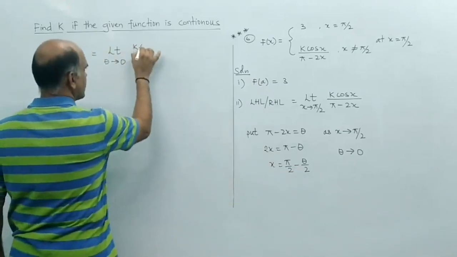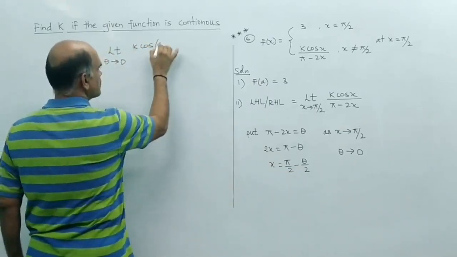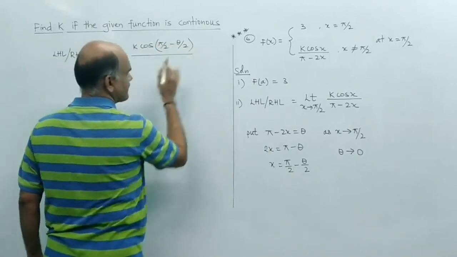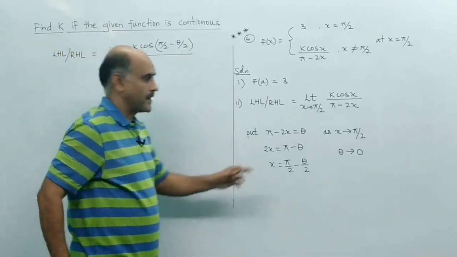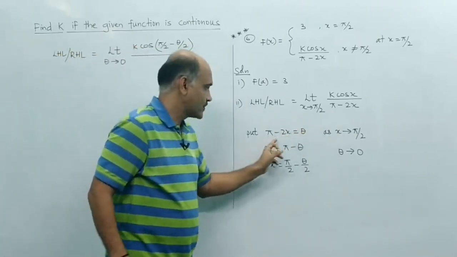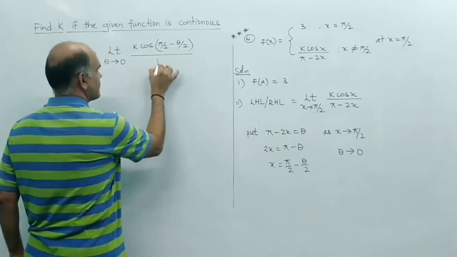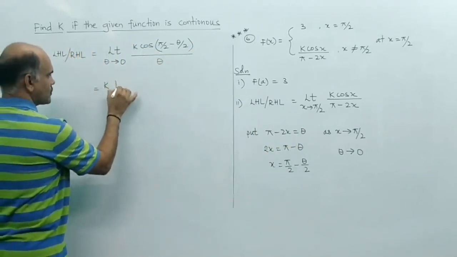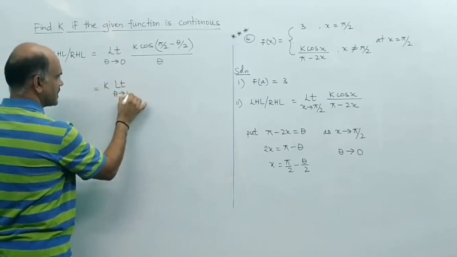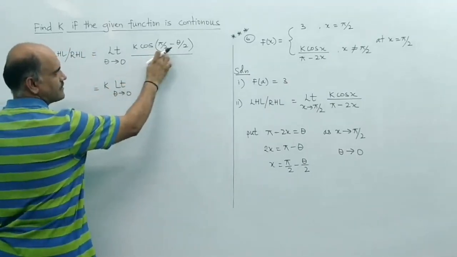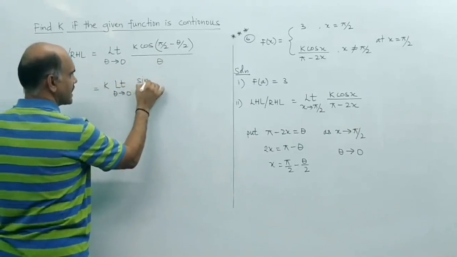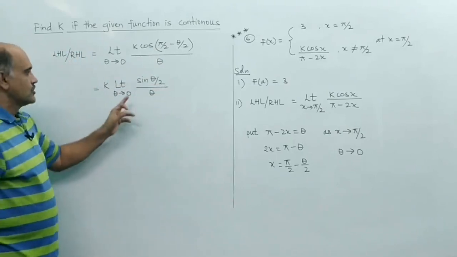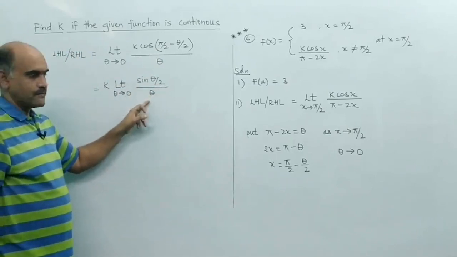So k cos of pi by 2 minus theta by 2, divided by pi minus 2x, which is theta. K constant I will remove outside. Limit theta tends to 0, cos of 90 minus is sine. So you will get sine theta by 2 divided by theta.